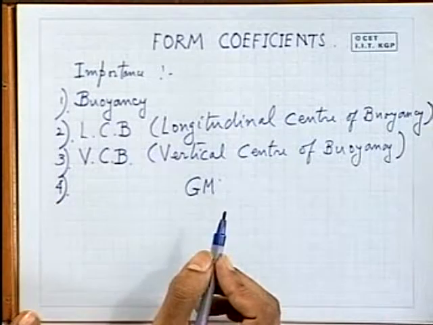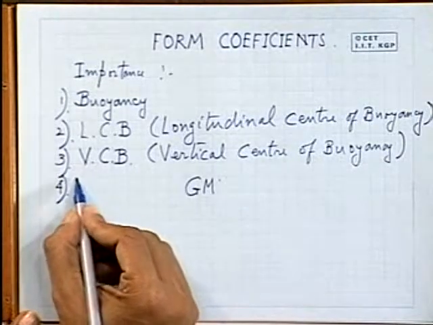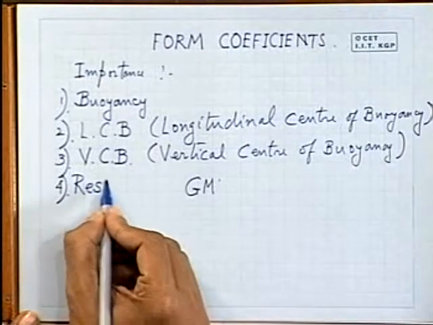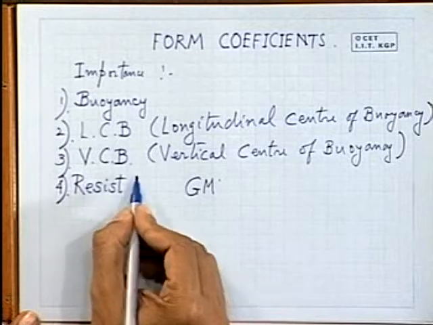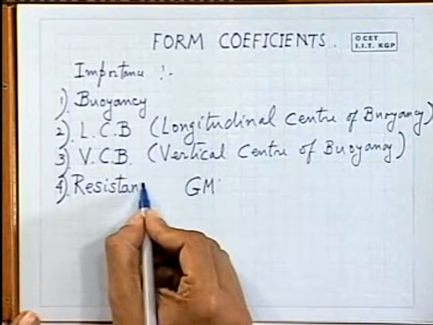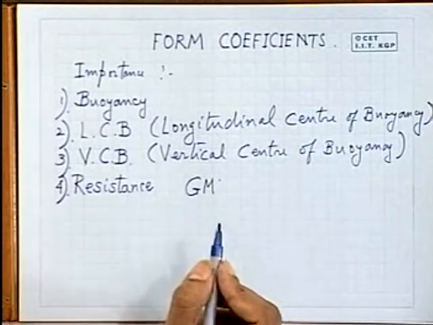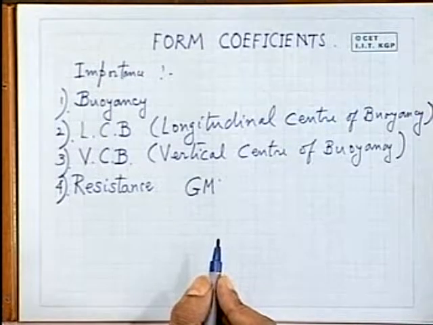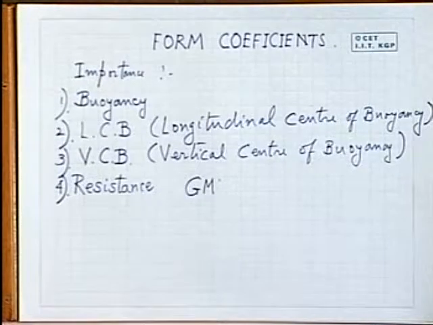Other parameters that you can calculate is your resistance of the ship. The form of the ship, some mathematical information has to be obtained from the lines. Otherwise, you cannot do the calculations of buoyancy and center of buoyancy. In order to obtain that, we take recourse to these form coefficients.